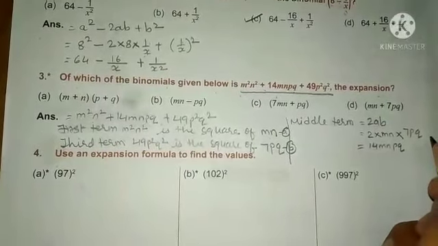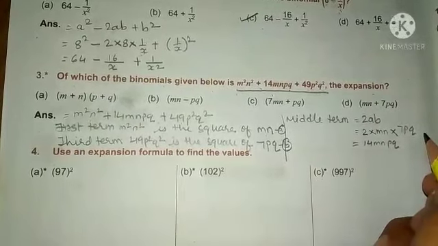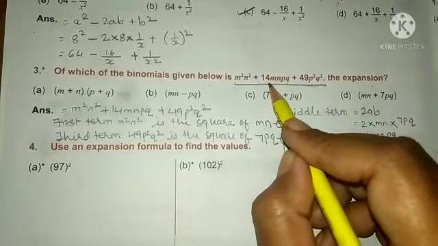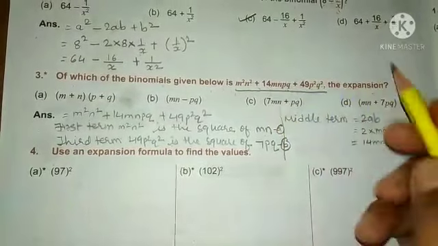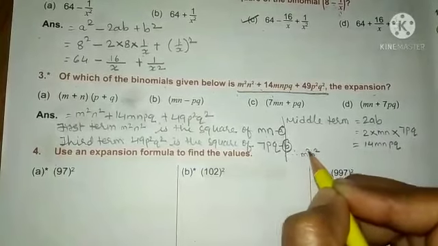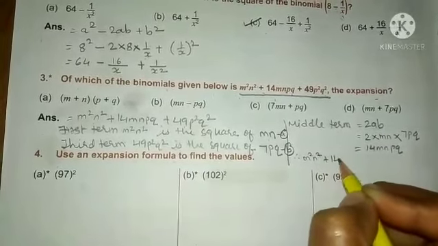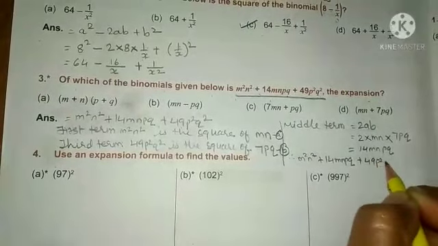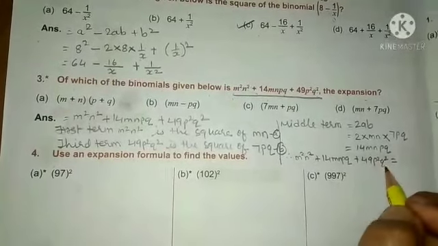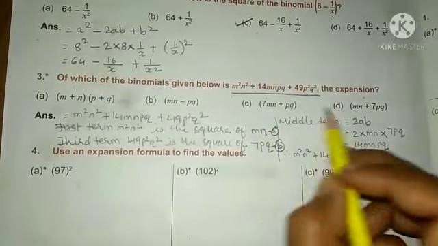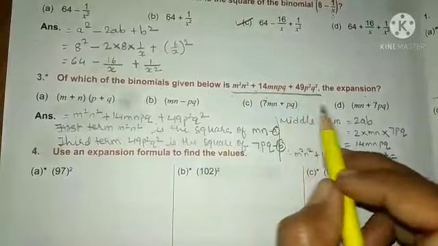So here what we have to do is find which binomial we will expand to get our answer, that is m square n square plus 14mn pq plus 49 p square q square. We have to find out which binomial you will expand.